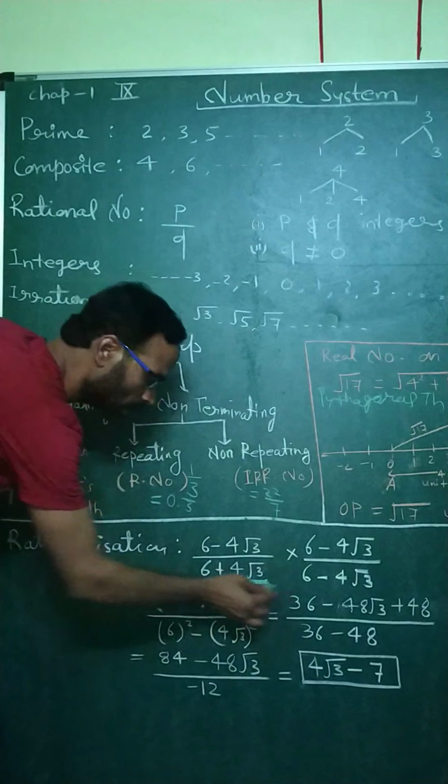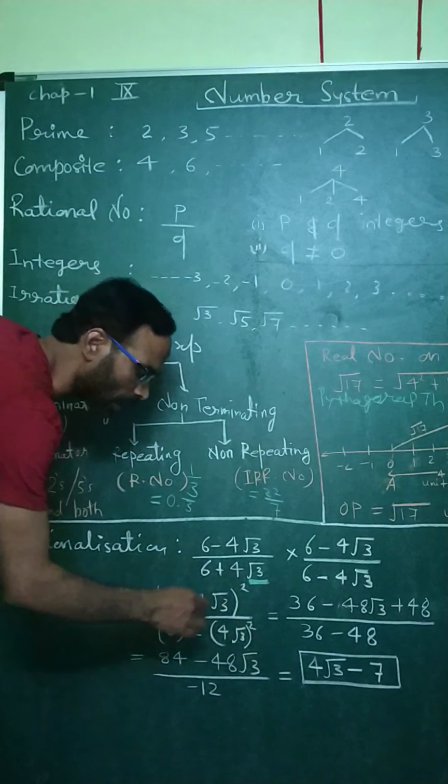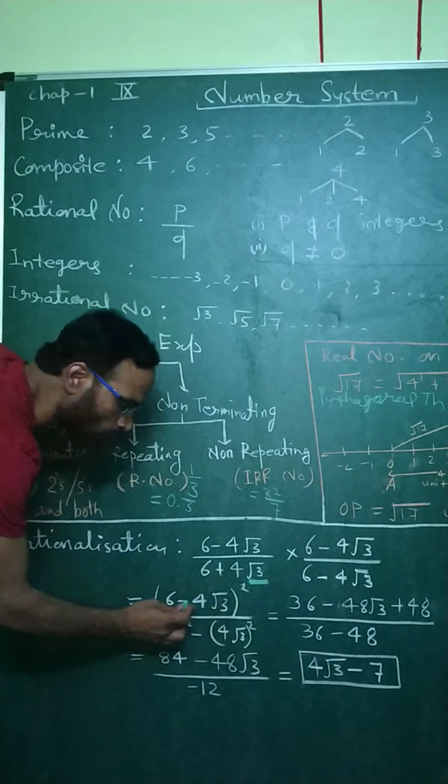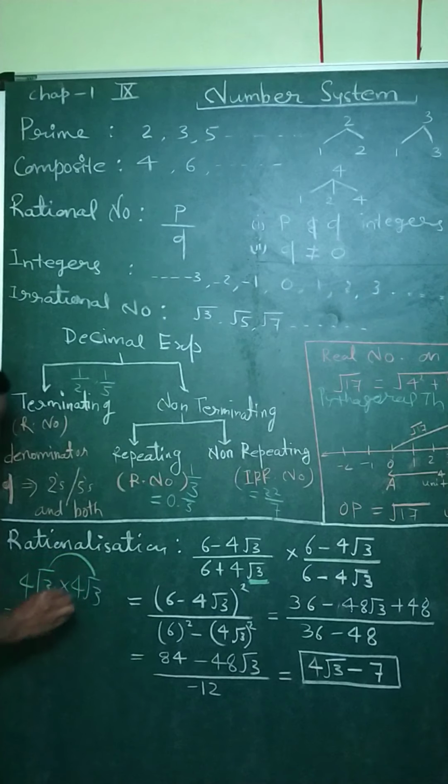Here A square means 6 is A, 6 square is 36, and B square is the square of 4 root 3. See very carefully, it's very important. Square of 4 root 3: first you multiply 4 by 4, the answer will come 16, and root 3 by root 3 will come 3. Then the answer will be 48. This multiplication you have to understand very carefully.